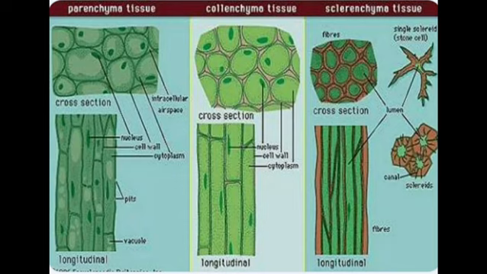Here we can see the longitudinal and cross sections of parenchyma, collenchyma, and sclerenchymatous tissues. In this video, we have seen meristematic tissue and simple permanent tissues. Thank you.